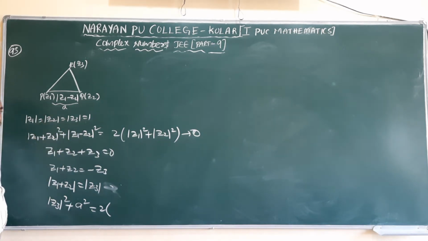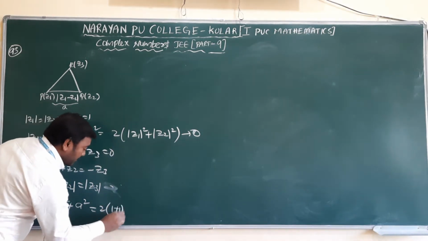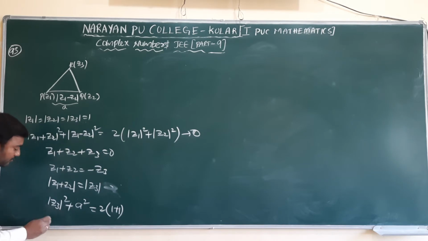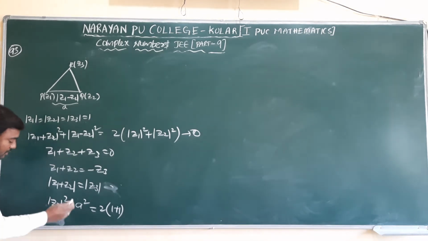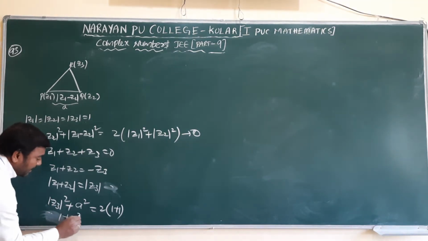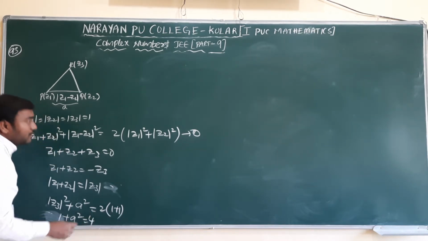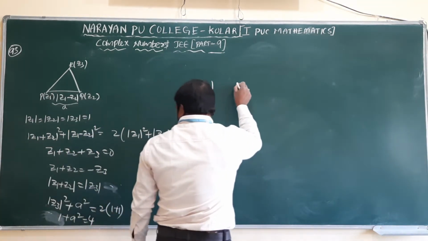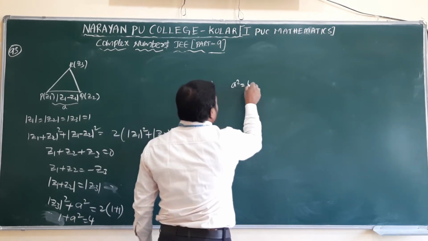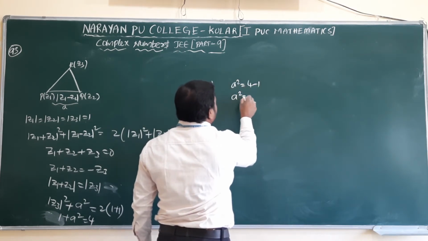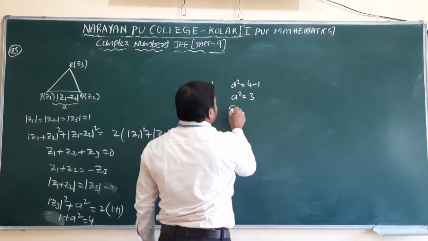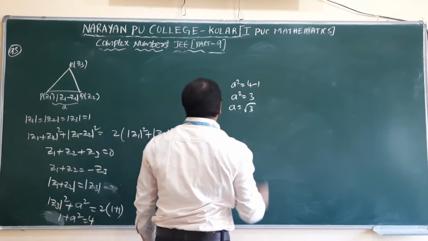Z1 value 1 square, 1 plus 1 here. So modulus of z3, already we know that the modulus of z3 is also 1. So 1 square, nothing but 1, plus a square is equal to 2 into (1 plus 1), 2 twos are 4. So a square is equal to 4 minus 1, a square is equal to 3, so a is equal to root 3.